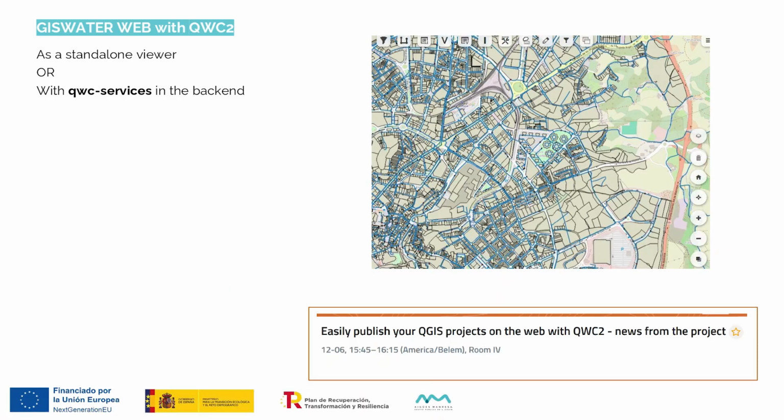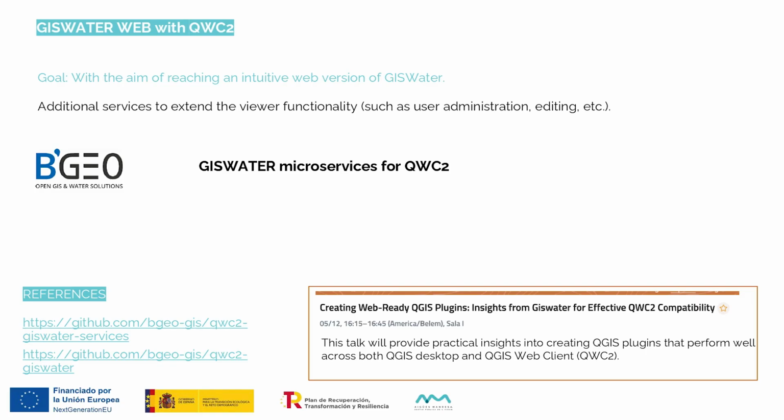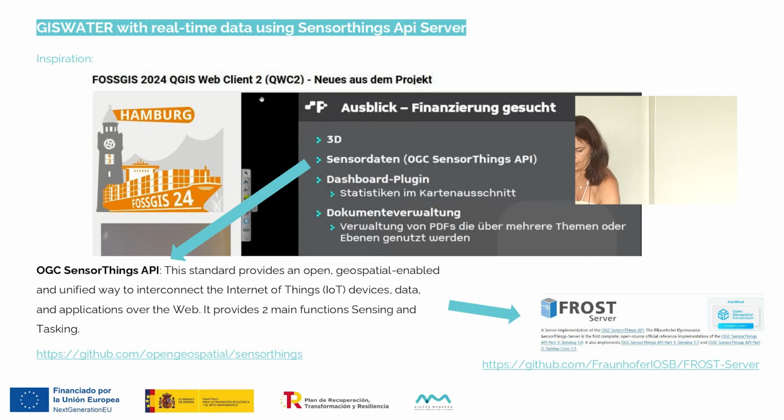And talking about customization, this afternoon around 4 o'clock one of the developers from BGO, the main developer of Giswater, will give a presentation about how you can create QGIS plugins that are compatible with the QGIS web client too.